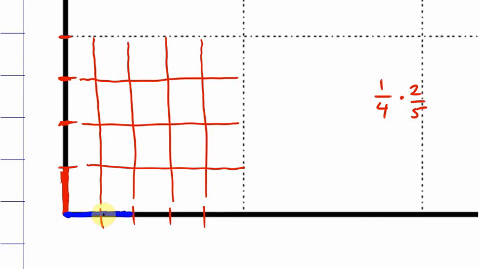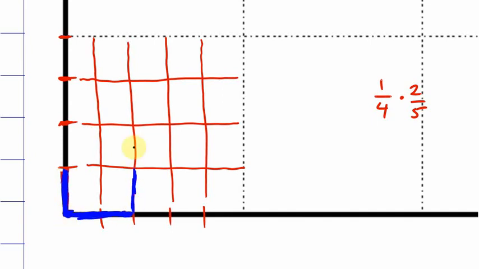So we're mixing a couple ideas. We haven't really brought up the pizza yet. I'm just trying to say that this is 1 unit across, and so what's depicted in blue above that far is 2/5, a fractional part of the number 1. So we've got 1/4 right here, and we've got 2/5 along here.